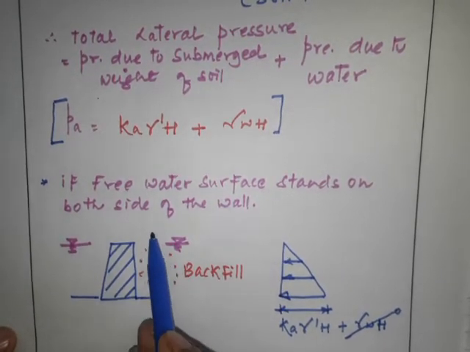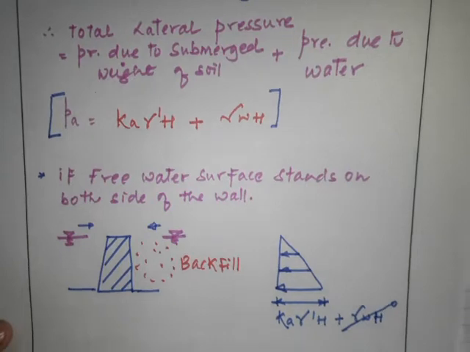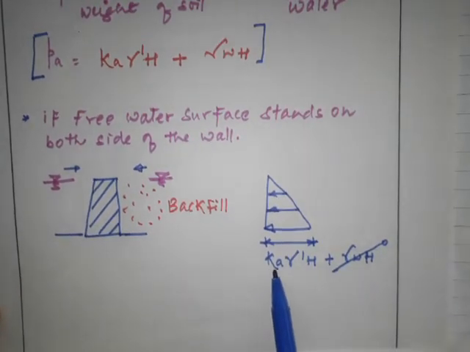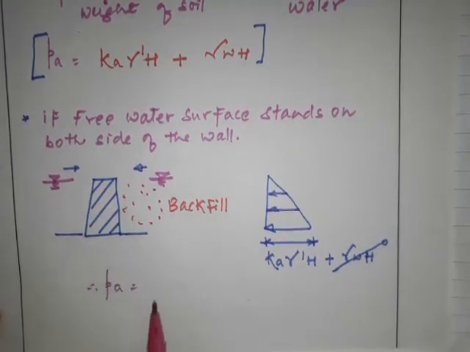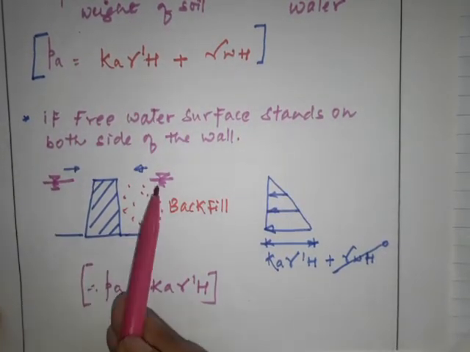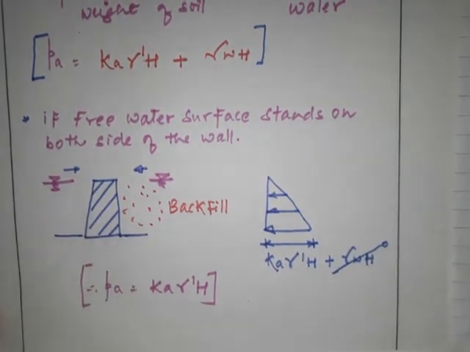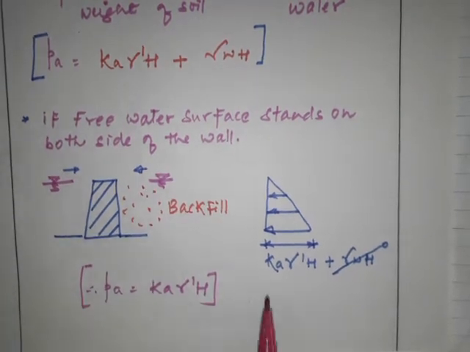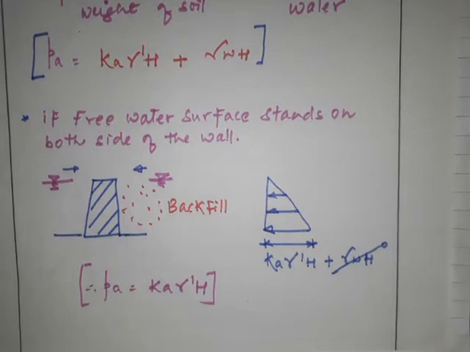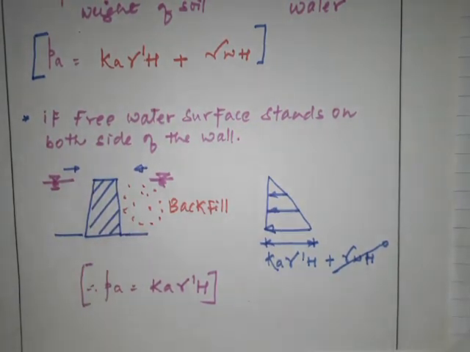The pressure because of water from this side and the pressure because of water from that side, both will get nullified. So we are left with only K into gamma dash into H. Therefore PA will be K into gamma dash into H, if you have the free water surface on both sides of the wall, because the pressure due to water from both sides gets nullified.